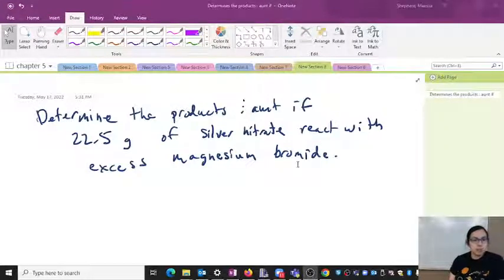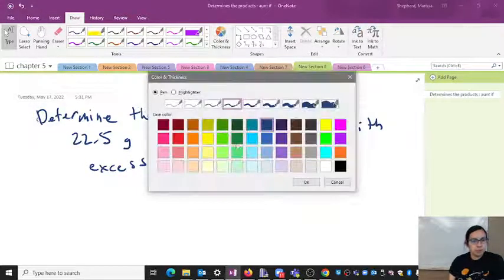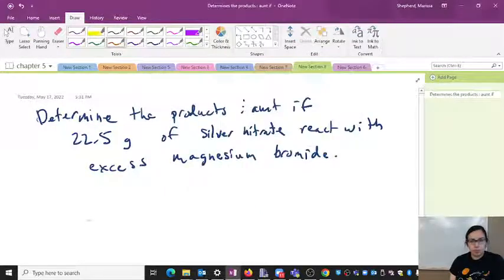So let's start with, did we figure out our equation yet? So how would we write silver nitrate? Let's just start there.